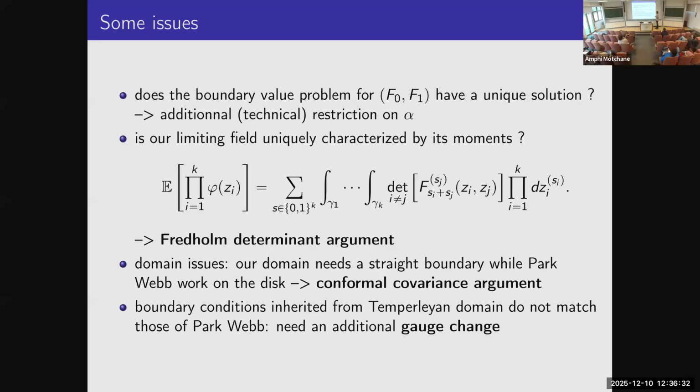The first one: we have an expression for the moments of the field, but does it really define something? Does it uniquely define a limiting object? So the first issue is to check that the boundary value problem I was mentioning has a unique solution.